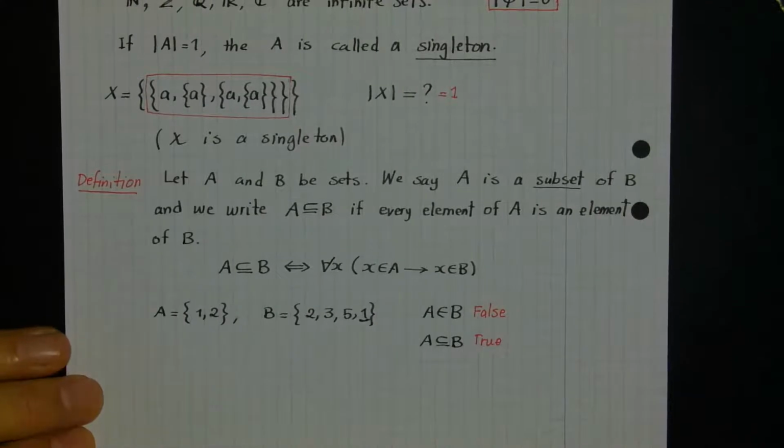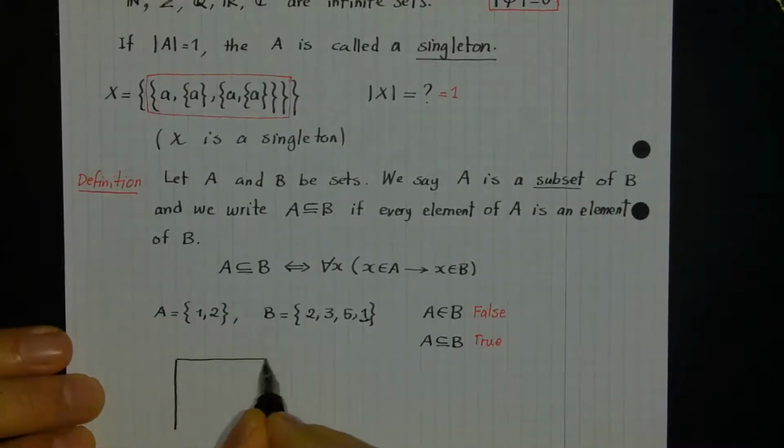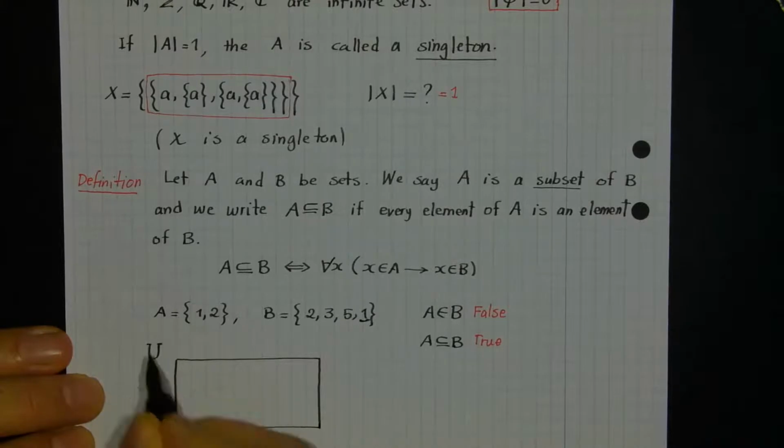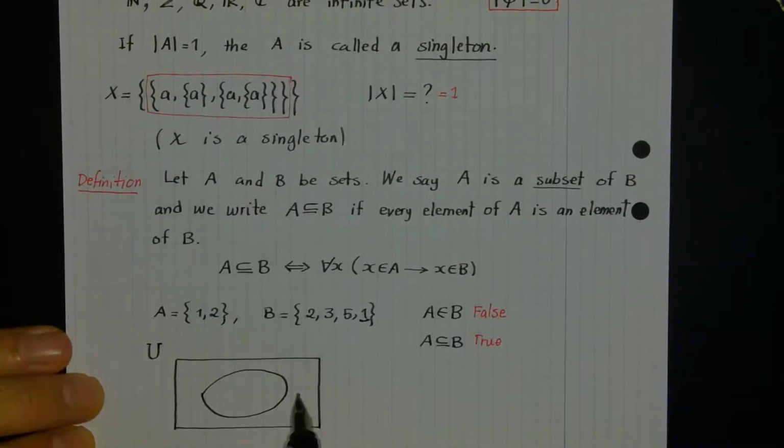Okay, so for example, if I want to draw a Venn diagram to represent this, do you remember? Usually we draw this universal set. I draw a rectangle for the universal set. So assume that this is your set. When you say A is a subset of B, it means that A is somewhere inside B, something like this.